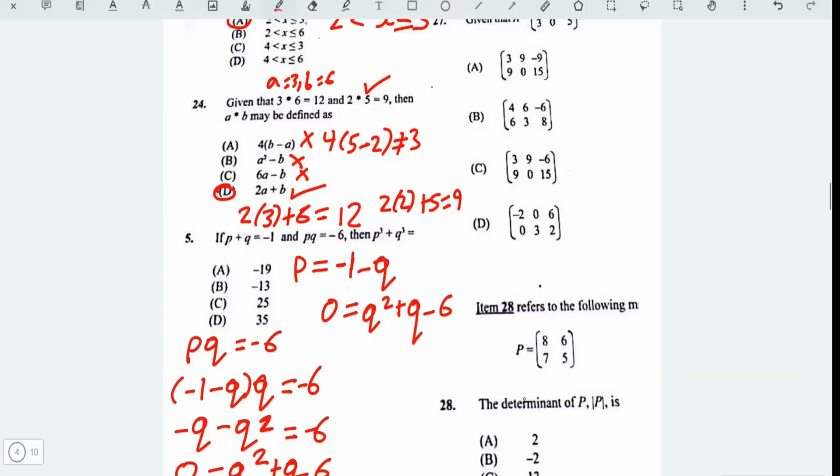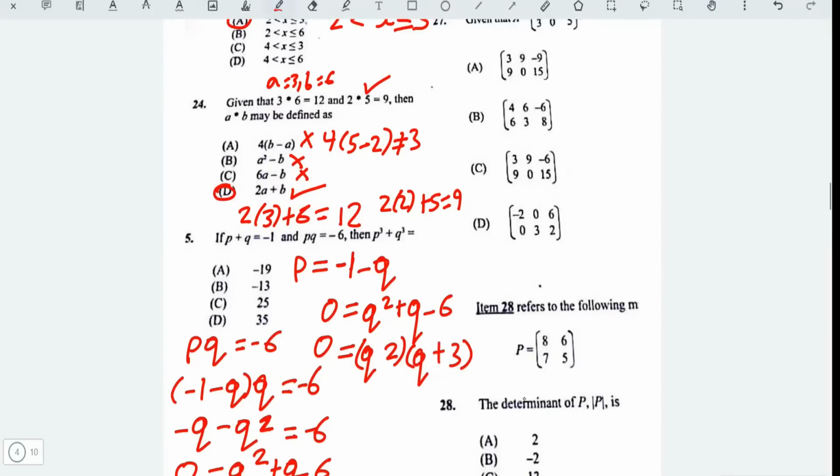Many of us were taught to split the middle term. I can just look at it and factorize. Make sure you split the middle term. Write it as 3Q minus 2Q or something of that sort. But this is going to be 3, 2. Signs are different. The greater product is positive.